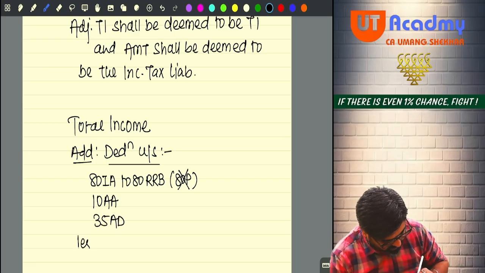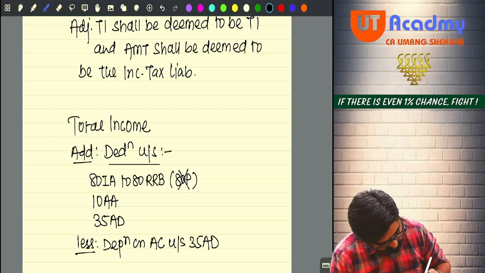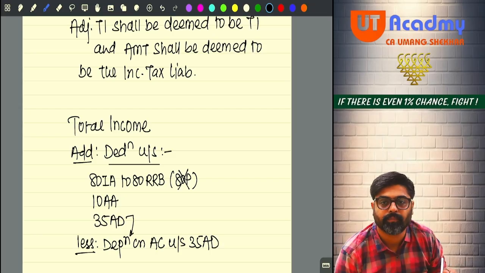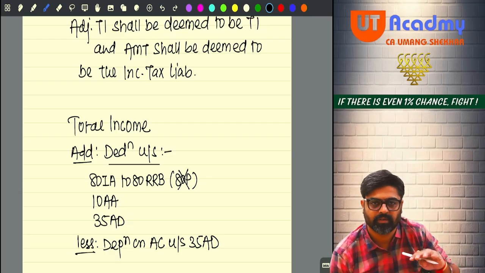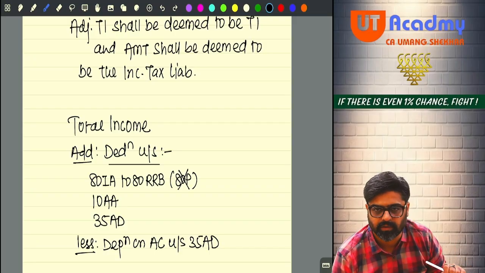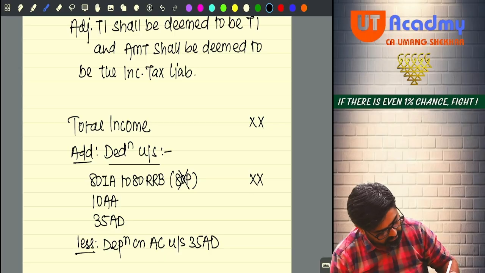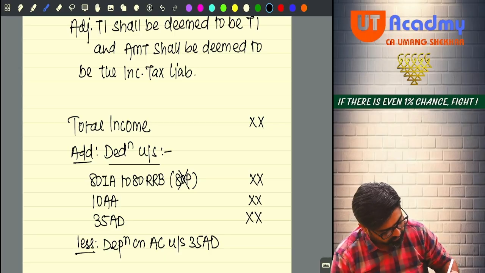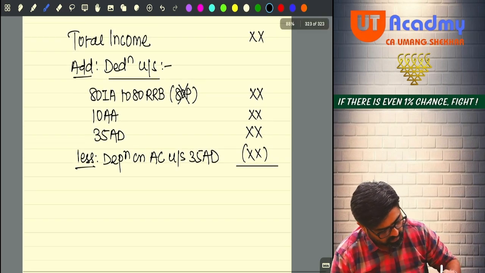But remember, reduce the depreciation on the actual cost which was allowed under section 35AD. On this amount only calculate the depreciation. The amount which you are adding back, on that amount calculate depreciation for this year and claim that depreciation. So these three deductions which you had claimed, you are adding back, and the depreciation on the 35AD component you are reducing.